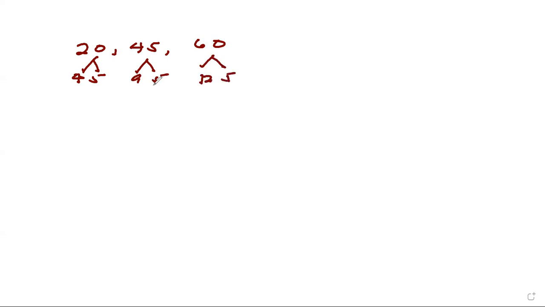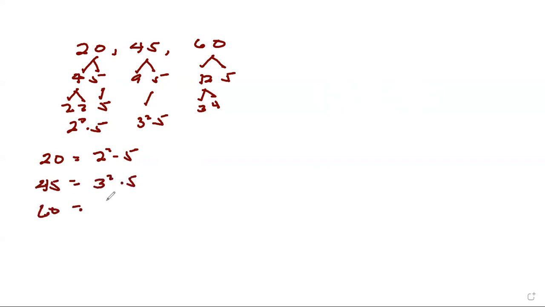So the 4 is 2 squared, therefore 20 is 2 times 2 times 5, which means 2 squared times 5. Then 45 is equal to 3 squared times 5.